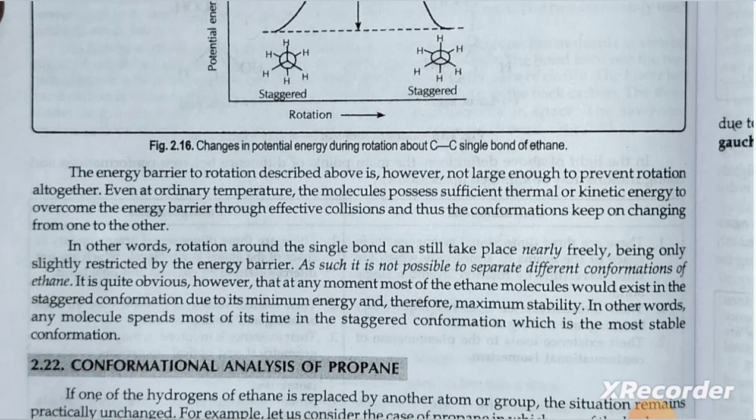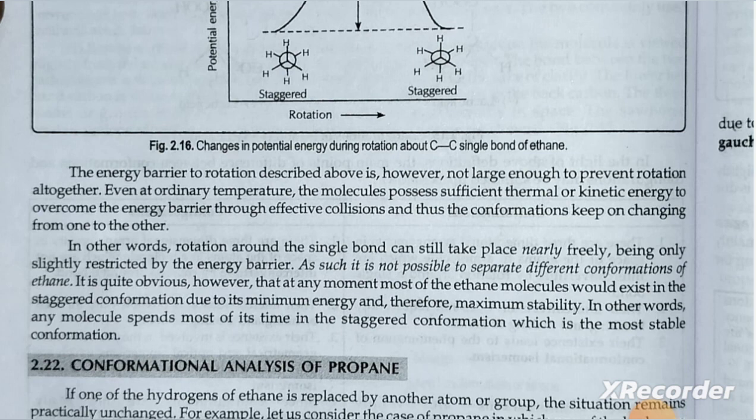The energy barrier to rotation described above is, however, not large enough to prevent rotation altogether. Even at ordinary temperature, the molecule possesses sufficient thermal or kinetic energy to overcome the energy barrier through effective collisions, and thus the conformations keep on changing from one to another. In other words, rotation around the single bond can still take place nearly freely, being only slightly restricted by the energy barrier.